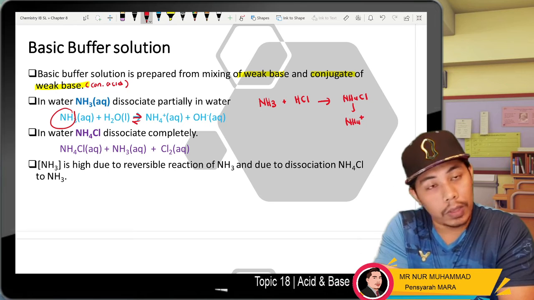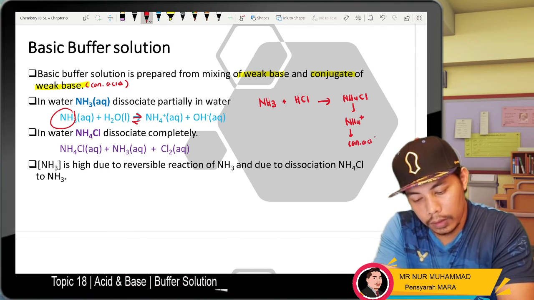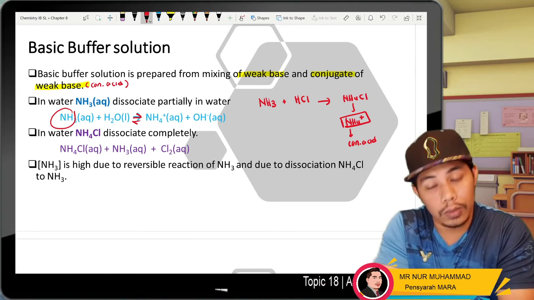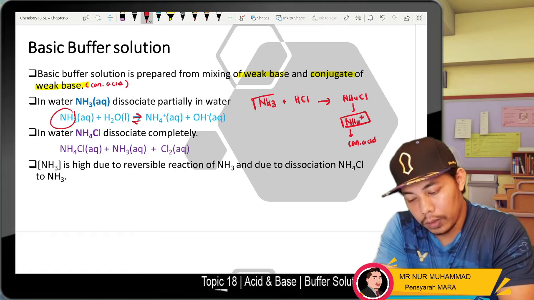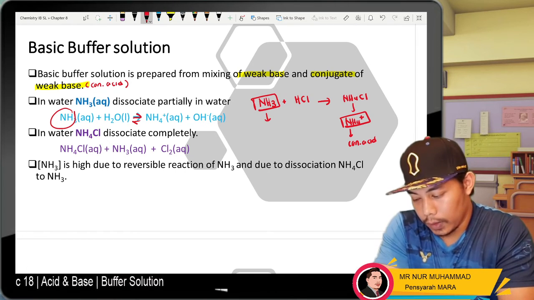Inside the ammonium chloride there is ammonium ion, which is the conjugate acid. The conjugate acid will neutralize basic solution, and ammonia will neutralize acidic solution.